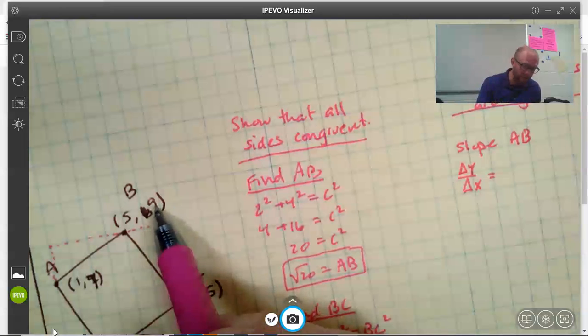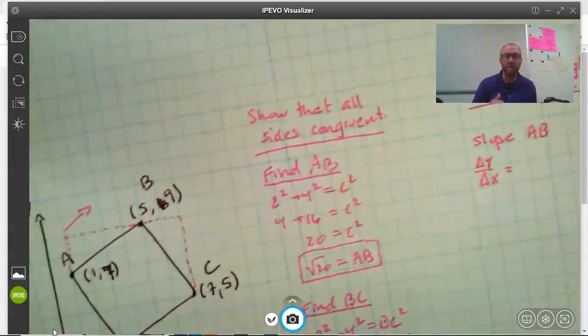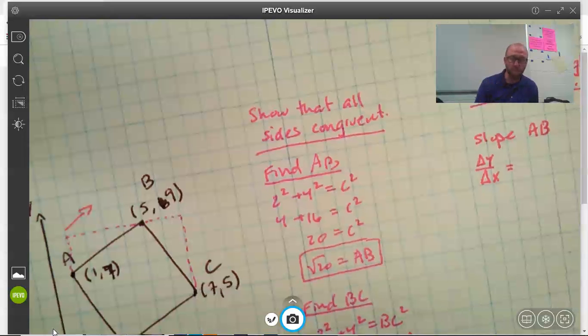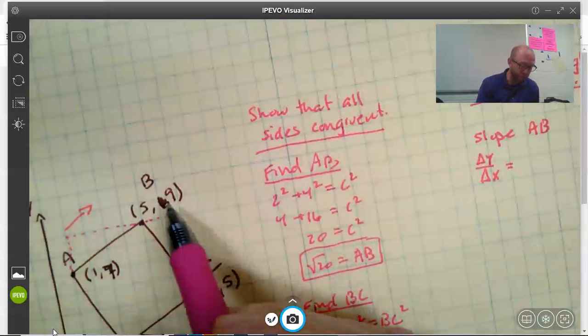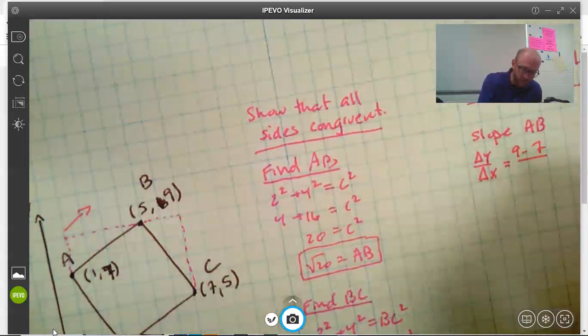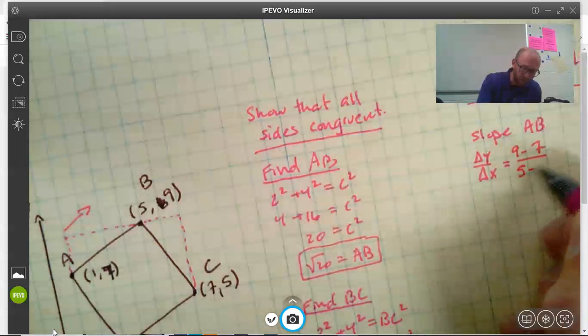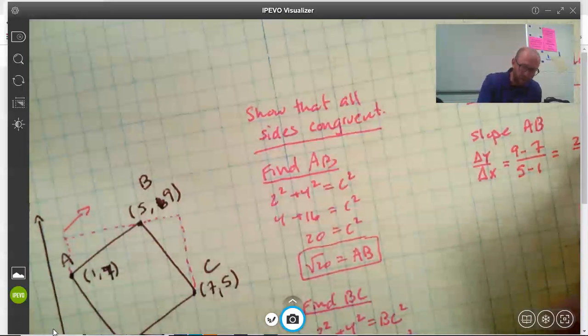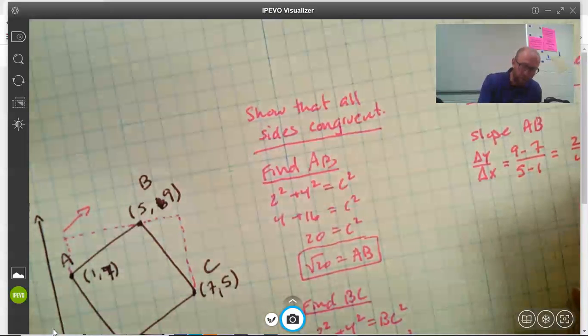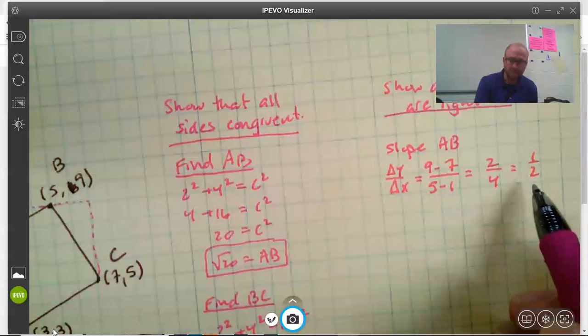So for AB, we'll imagine that we're going in that direction there. It doesn't matter as long as I'm consistent with both my change in y and my change in x. So we have 9 minus 7. And then for my change in x, 5 minus 1. And that gives us 2 over 4, which simplifies to 1/2.